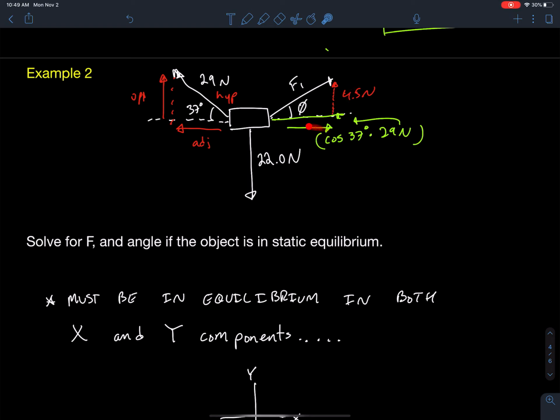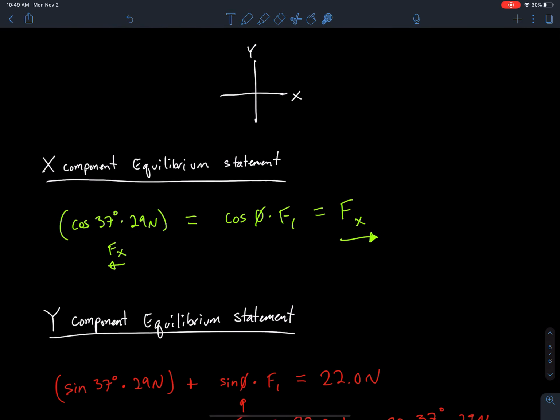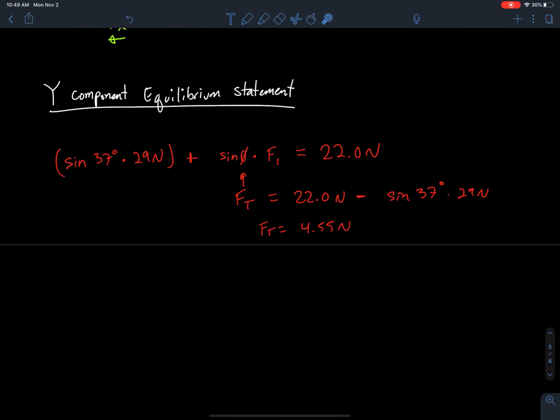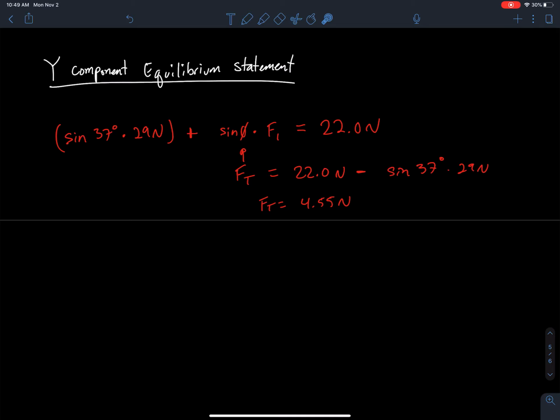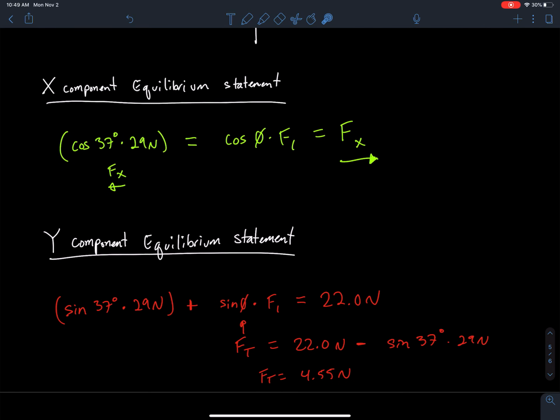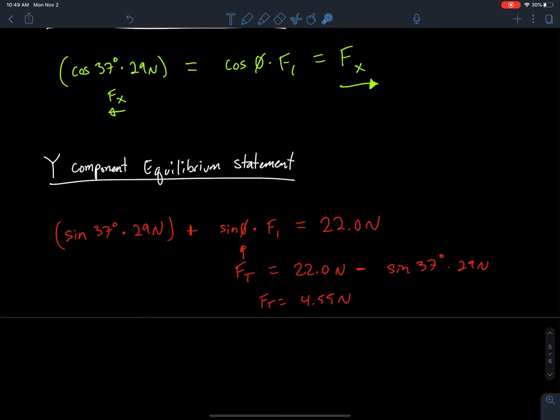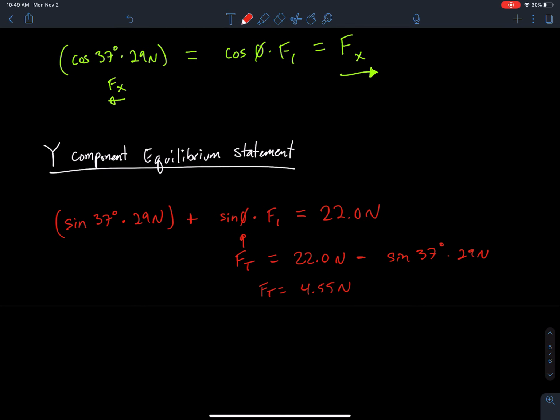And I have the x component, so then you do the same thing. a squared plus b squared is equal to c squared, and I'll be able to solve for F1. So how do I solve that? Fx is going to be equal to this, so let's solve for that.